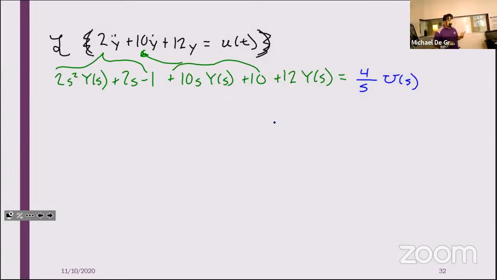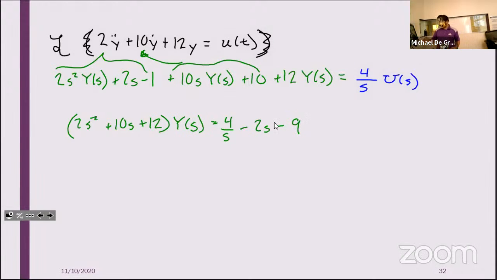Combine like terms. Put all your y of s's together. So we combine like terms and we get 2s squared plus 10s plus 12, whole thing times y of s, is equal to 4 over s minus 2s minus 9.